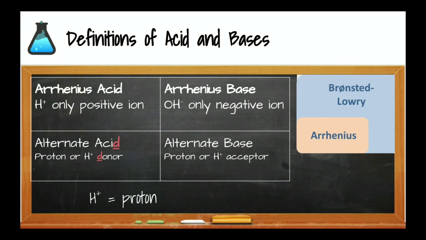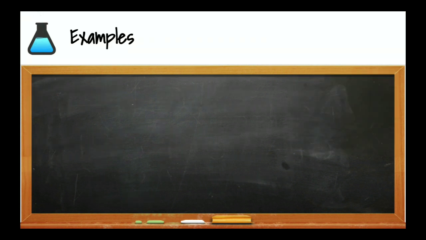And when we talk about the alternate acids and bases, it's really important to remember that the hydrogen ion is also going to be referred to as a proton. Particularly in biology, we talk a lot about these proton acceptors and these proton donors. Now we're going to have Sydney show us how to identify alternate acids and bases.